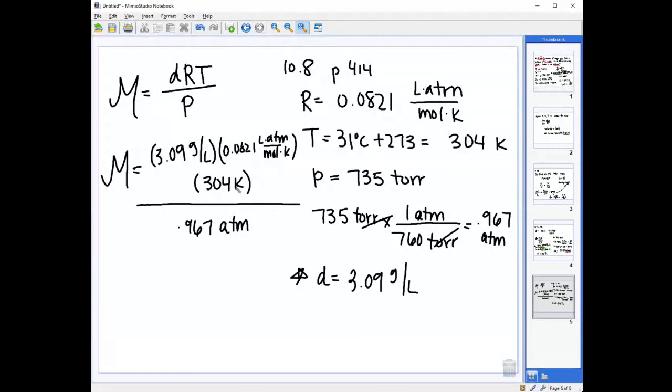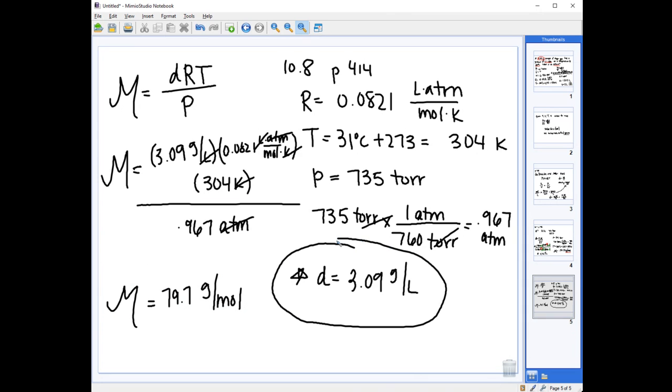And again, what we're going to see here is that atmospheres is going to cancel, Kelvin is going to cancel, liters is going to cancel, and I'm left with grams per mole, which is my molar mass. So I'm going to be given a molar mass, and it's going to be in grams per mole. And if we look at how they worked this, it ends up being 79.7. This is your hard part. So if you see a problem like this, don't give up. Think about what it's going to take to get to that density, okay?